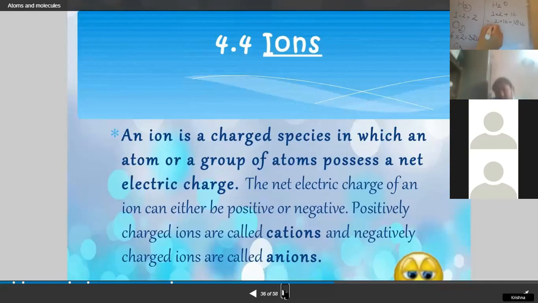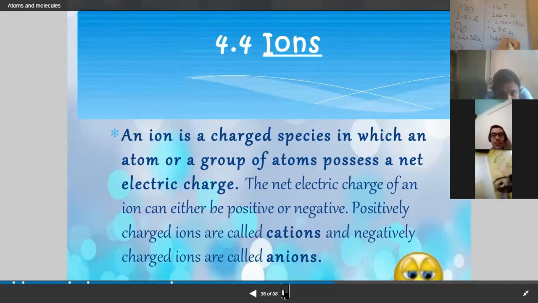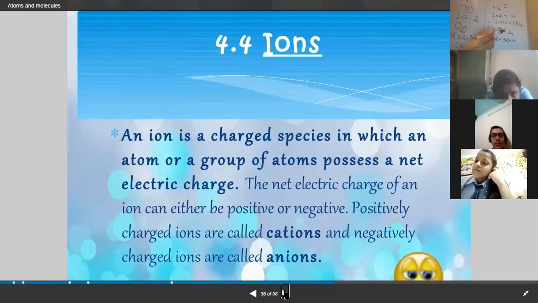In the same manner, let me show it for H2SO4. How many atoms of hydrogen? 2 atoms of hydrogen: 1 into 2, plus how many atoms of sulfur? Sulfur is only 1, and its atomic mass is 32. So I will write 32 into 1, plus how many atoms of oxygen? 4.